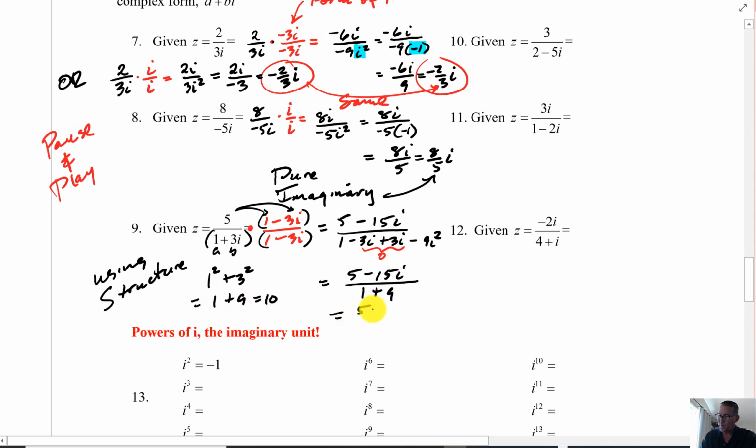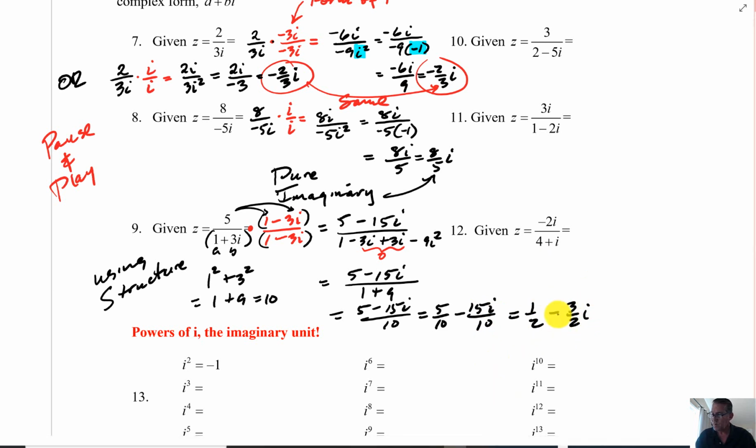So this is equal to 5 minus 15i divided by 10. And if you divide both by 10, you get 5 tenths minus 15i divided by 10. So the last step here, we get 1 half minus 3 halves i, you simplify your fractions. And that is complex form.